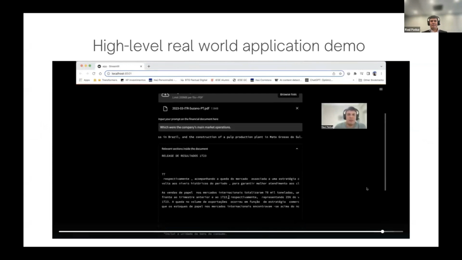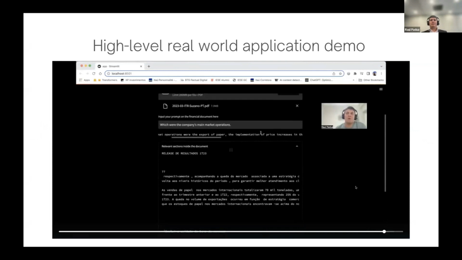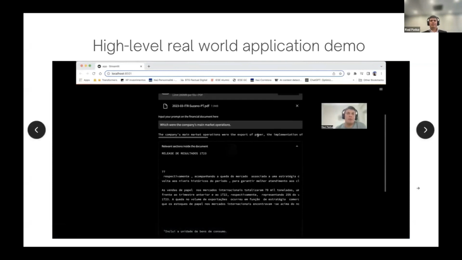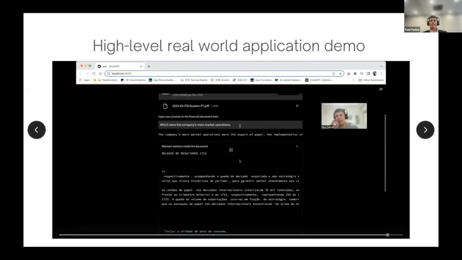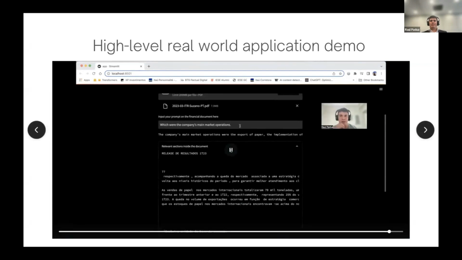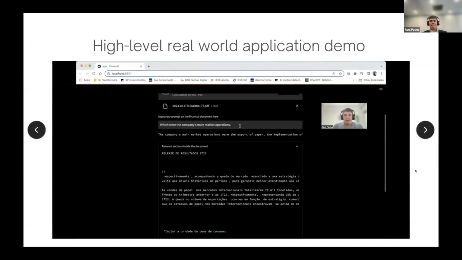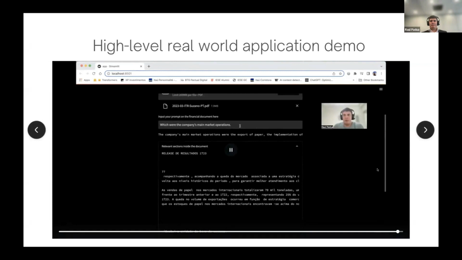So it did the translation, coupled with retrieving information from the document and question answering. We believe it has big potential for productivity gains in the finance industry.